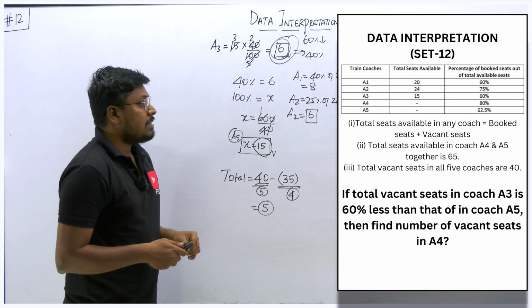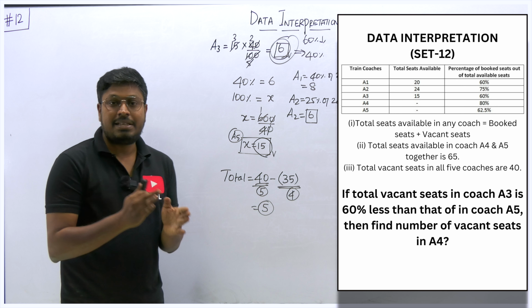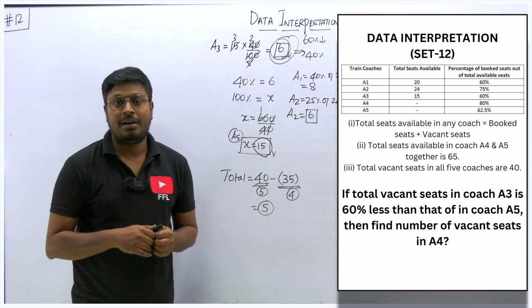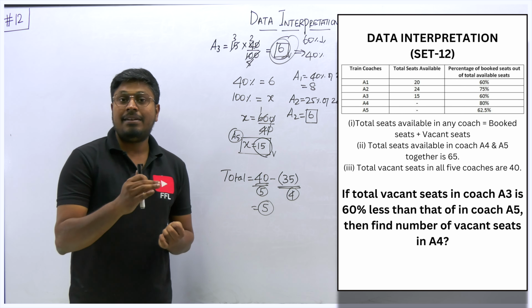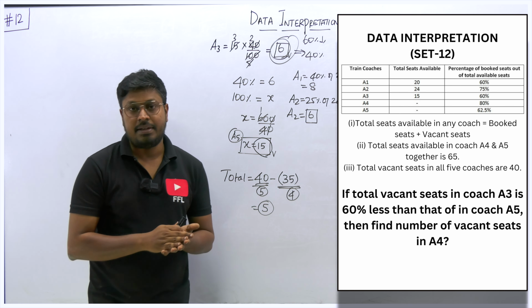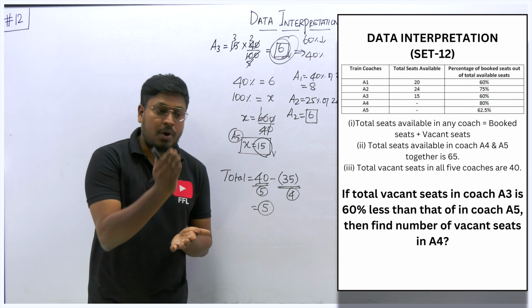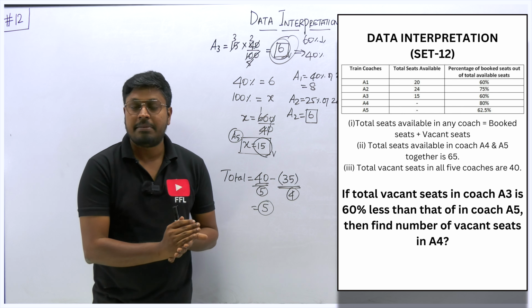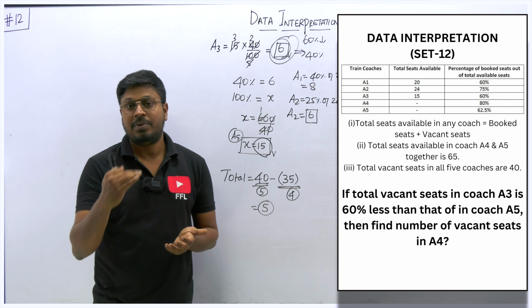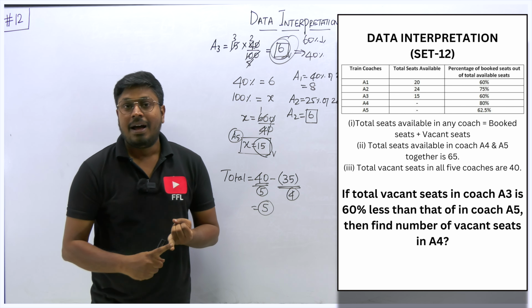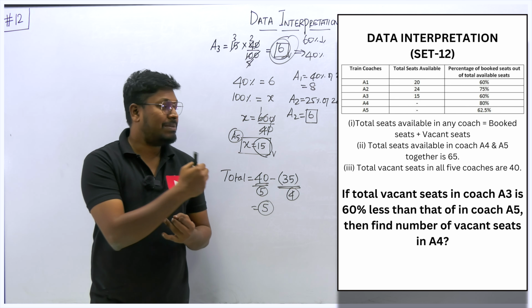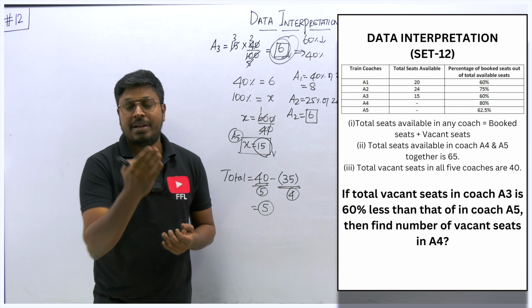So friends, that's it, right? So it's one of the medium to difficult level data interpretation questions. But here we have learned many things. If the values are missing, how to assign a value for the missing number and how to find that value difference. That we have learned. And then by using a ratio, in the previous question they have given an 18:25 ratio.